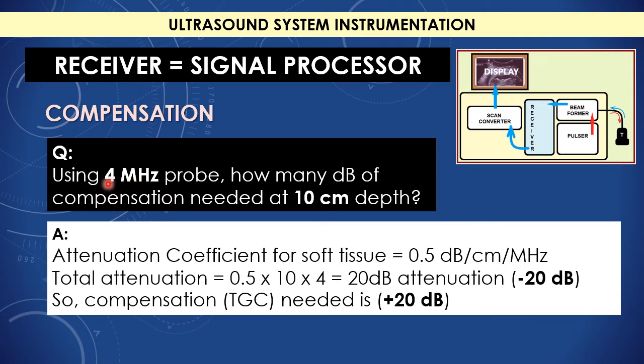If you're using whatever the megahertz and they ask you whatever the depth, how much the compensation for attenuation, you can calculate the attenuation based on this formula. This is the formula I'm using. The soft tissue coefficient is 0.5 decibel per centimeter per megahertz.